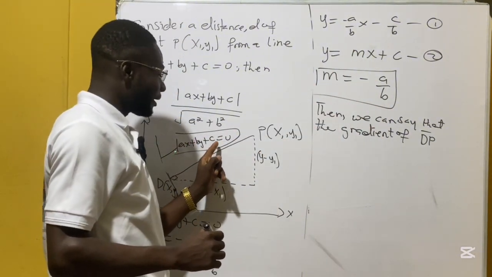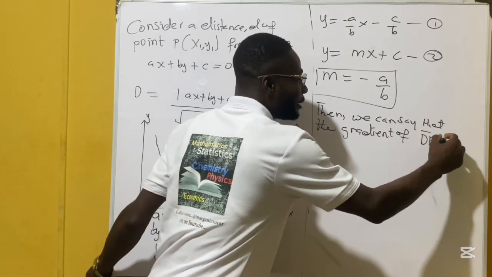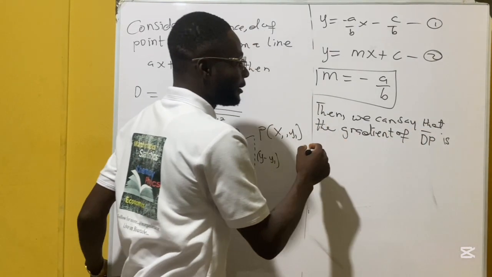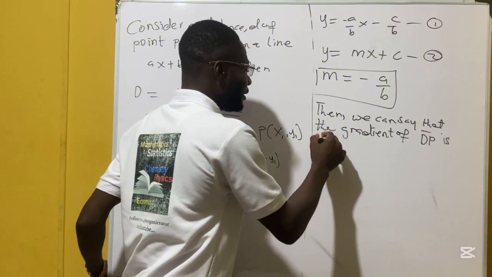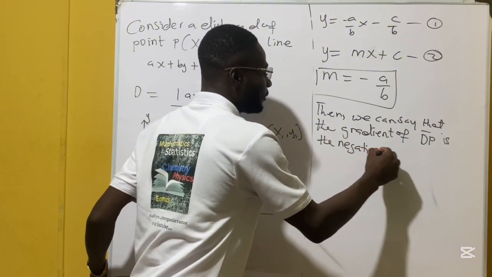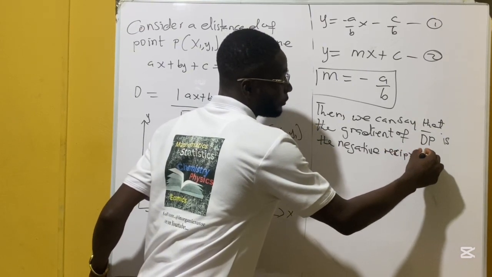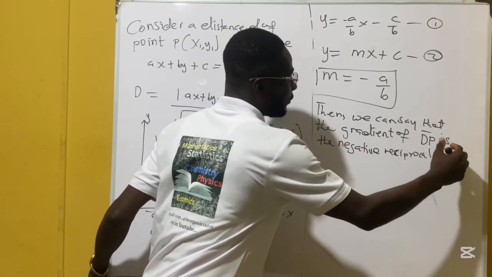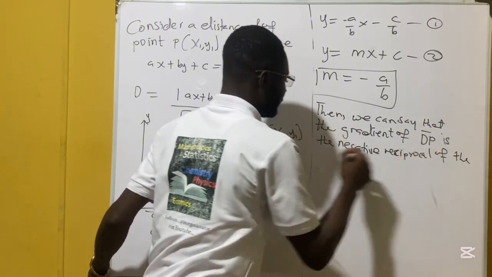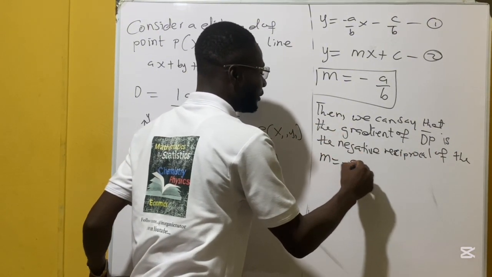The gradient of line DP is the negative reciprocal of m equals negative a over b.